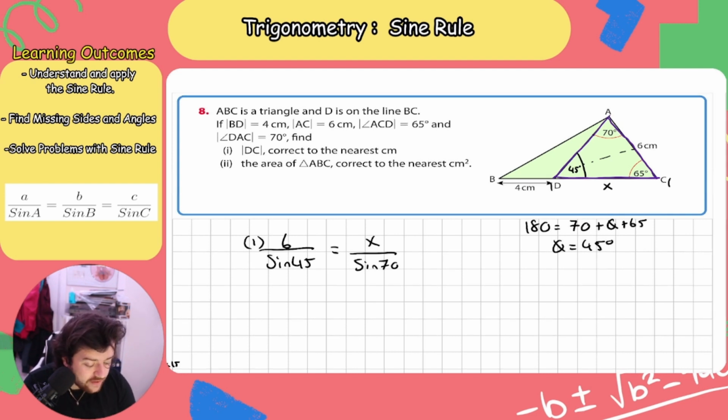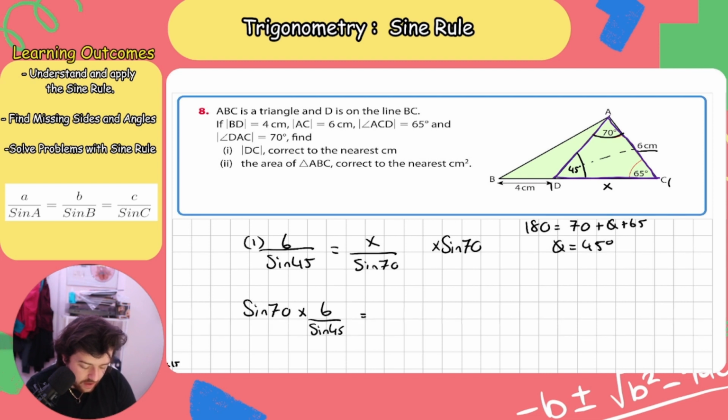And I have the angle opposite it, and I have my side 6 here, and I have the angle opposite. So 6 over sine 45 is equal to x over sine 70. Well, I want to get x on its own, so it's being divided by sine 70. So I multiply both sides by sine 70. So sine 70 multiplied by 6 over sine 45 is equal to x.